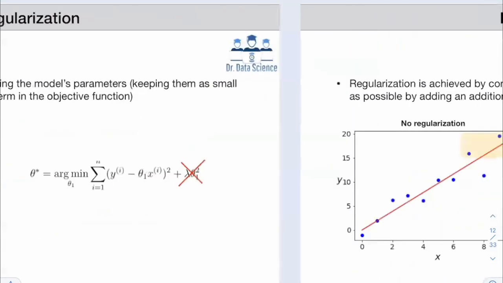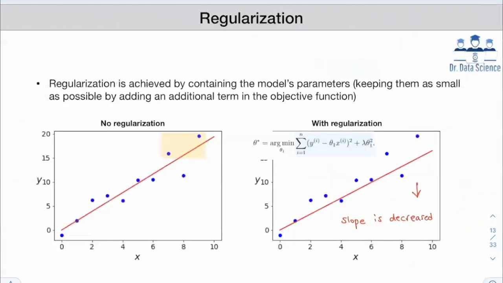But what would happen if we use regularization here, as you can see on the right side? Now we can control the slope of this line. And as you can see, compared with the one on the left side, the slope is decreased, right? So you can see here, this line now is closer to this point that we have here.